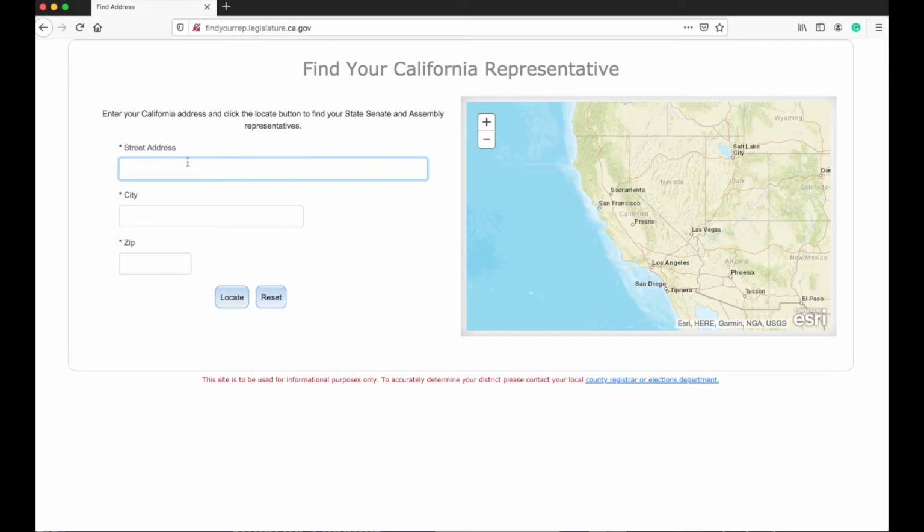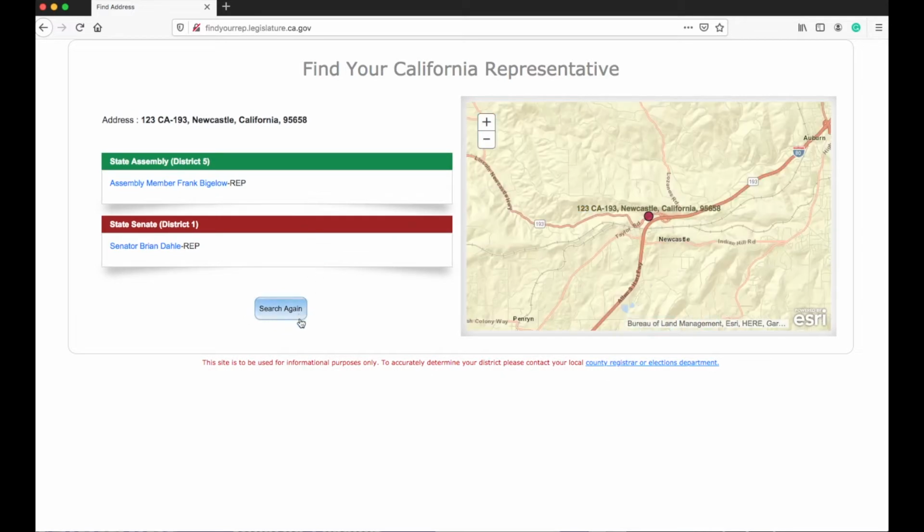And once you put in your address, you'll find that it gives you specifically your state assembly member and your state senator.